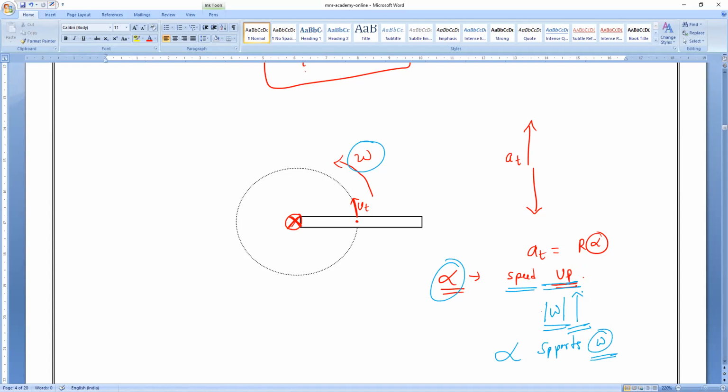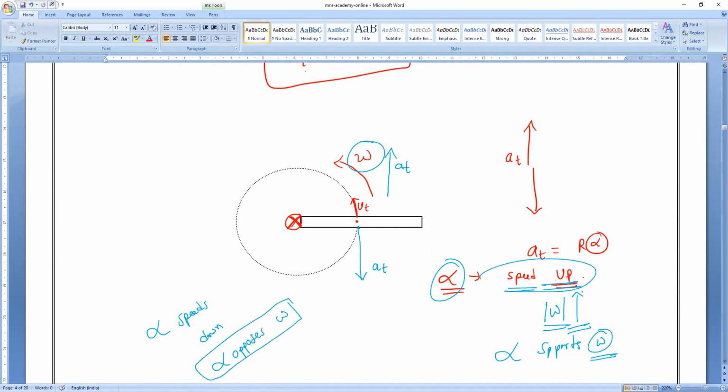Then the tangential acceleration will act in the same direction, so speed is increasing. If not, then tangential acceleration will act in the downward direction. Now remember very carefully. If speed decreases, alpha opposes omega.